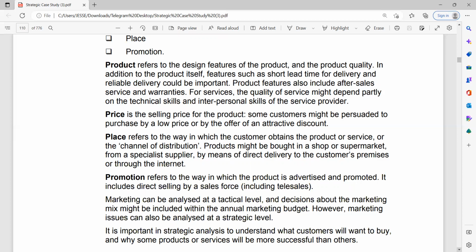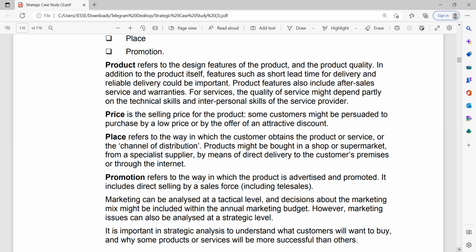There are some products that you buy in shops, and some products that you buy online. All of this is place, where you bought the product, how the product got to the end user. Then you also have promotion. You cannot create a product without promoting it. It has to be advertised. It has to be promoted.